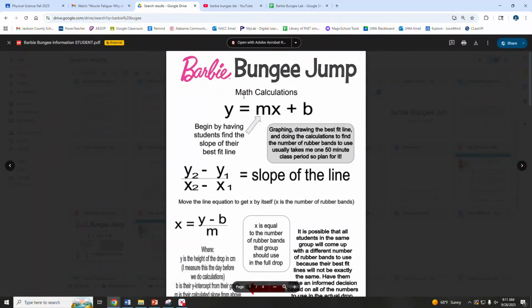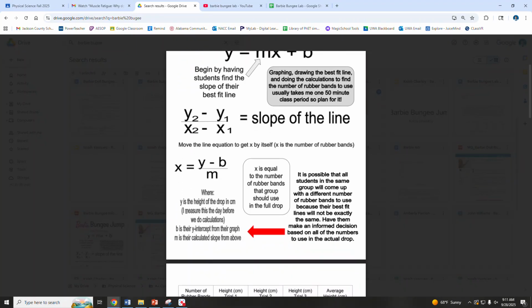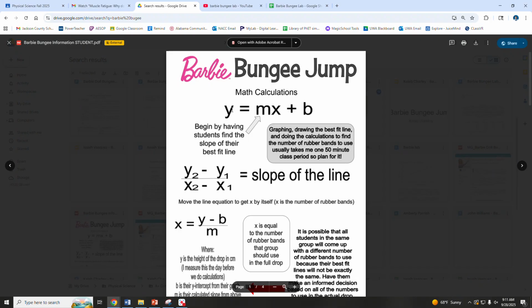So y is equal to mx plus b. So the slope of our line there, m, is rise over run. So y is the height of the drop in centimeters. Y is what I will be giving you. So y is what your drop height is. And then x is going to be the number of rubber bands.